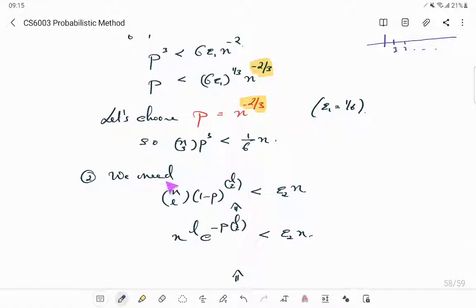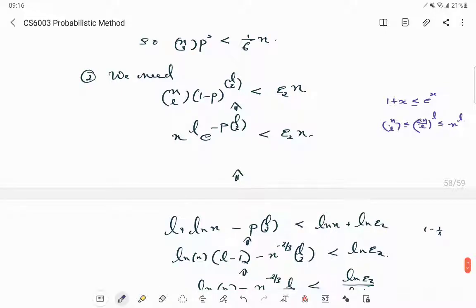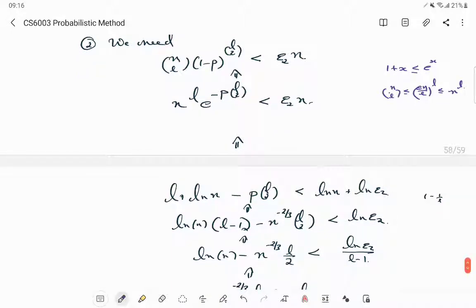Now the second term also needs to be less than epsilon 2 of n. Whenever you see this 1 minus p, 1 plus x we will always bound by e to the power x, so it's enough to bound this and this n choose L. In order not to complicate, I can bound it by something better, but this is also okay, n to the power L. That keeps the expression simple because anyway there is a lot of ugly calculation here. Take a natural logarithm. What base of the logarithm would you generally pick? You will pick the base so that if you see some exponent, that exponent becomes a good base.